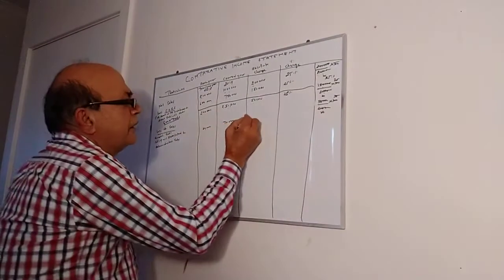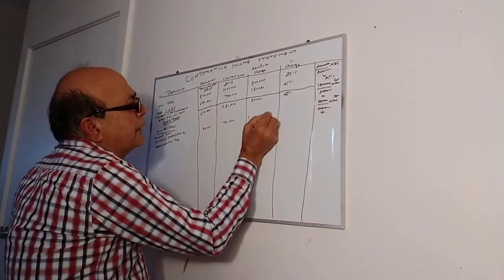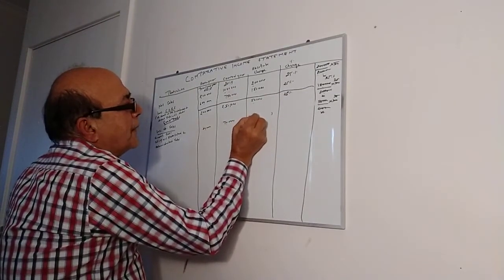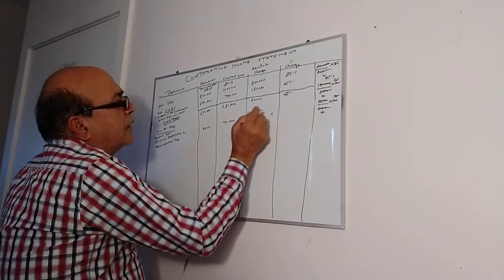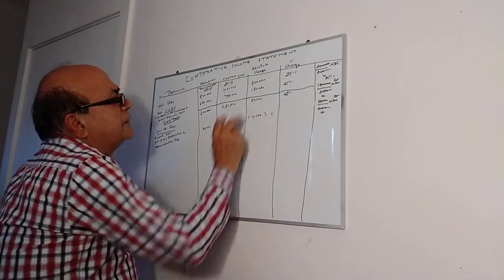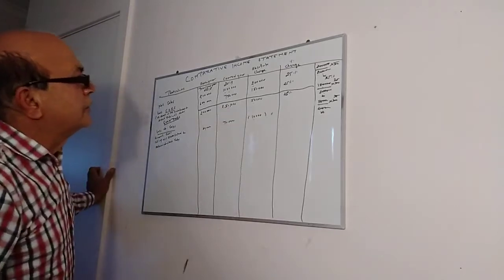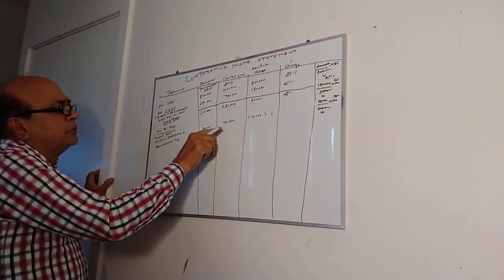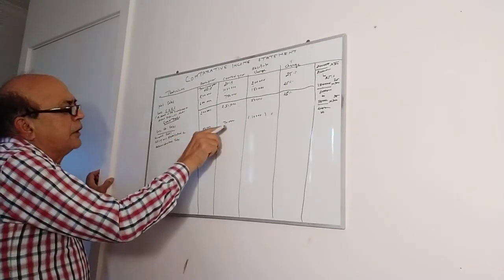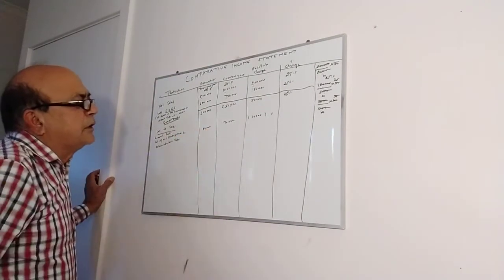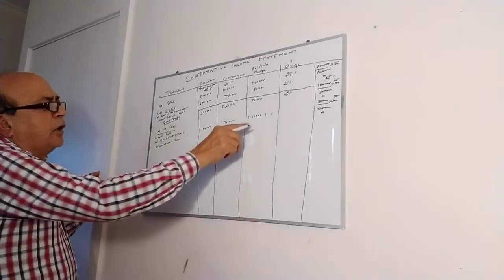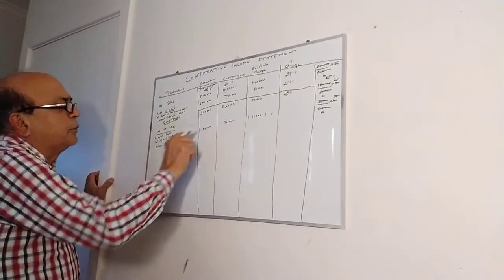When it has decreased, we have to show it in brackets, 10,000. If it increases, there is no need of writing anything because it is understood as plus. But when it goes down, from 80,000 to 70,000, it has decreased by 10,000. How much is the percentage? 10,000 upon 80,000.